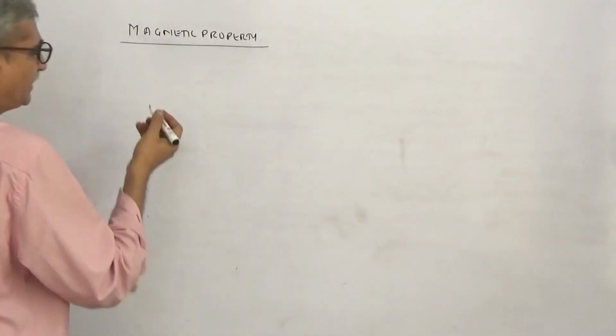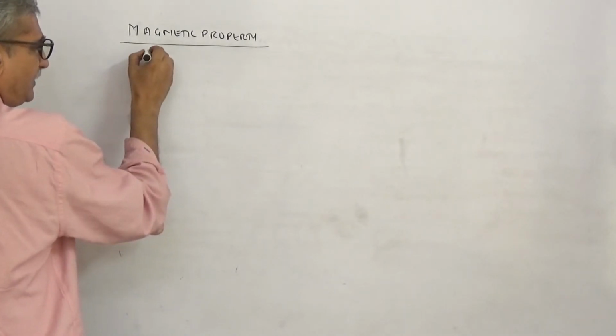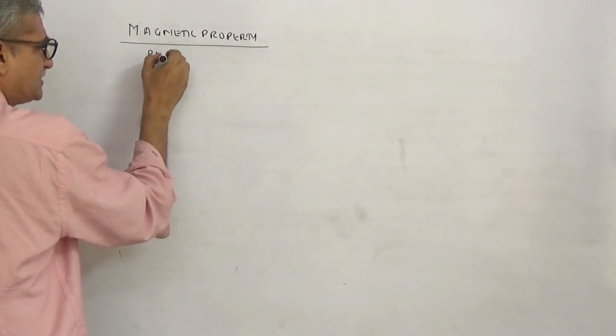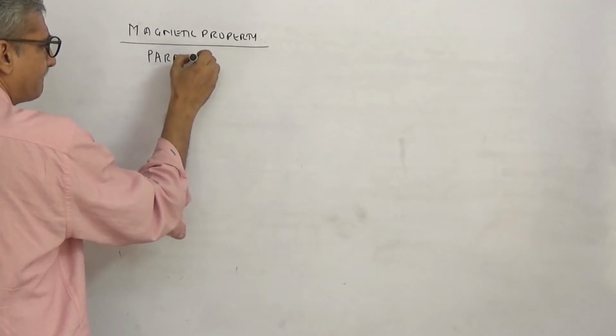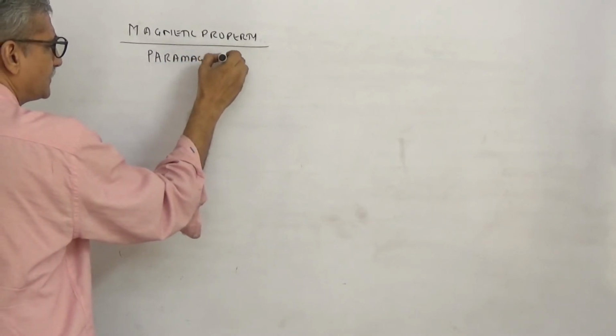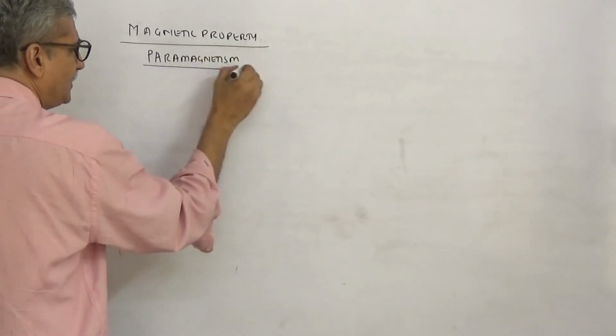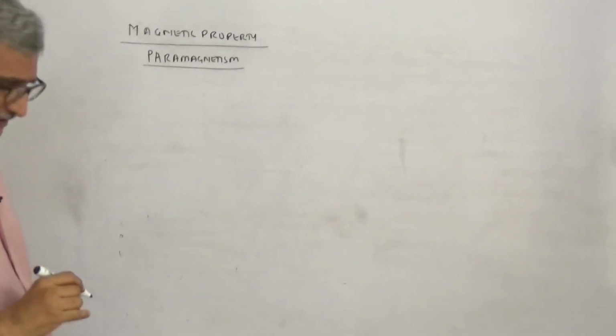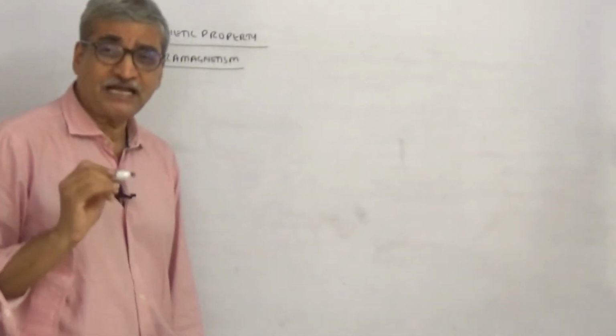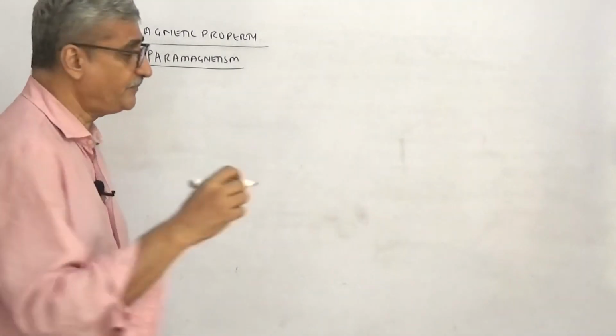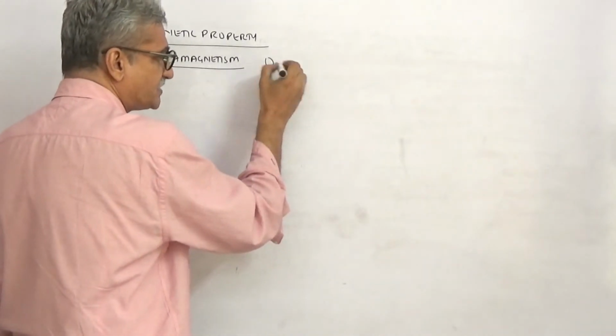First, the simple ones are paramagnetism. What happens in paramagnetism is that there are unpaired electrons. The best example of a paramagnetic compound, if you remember, was oxygen.